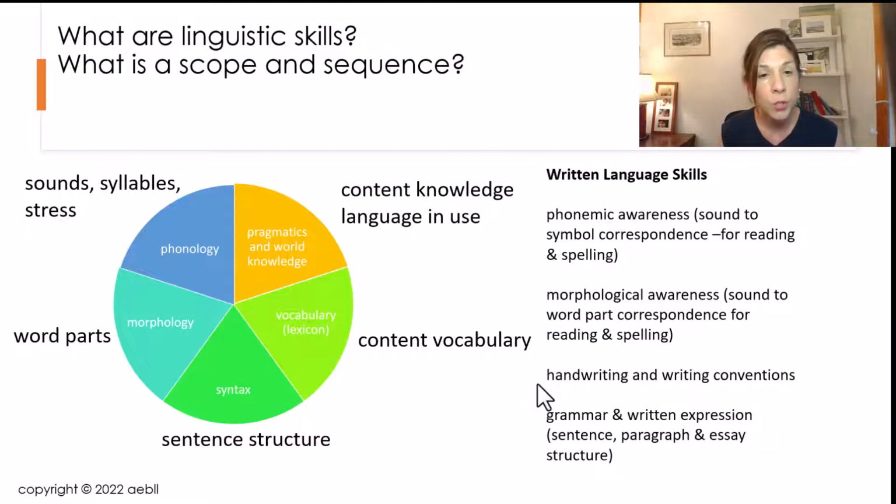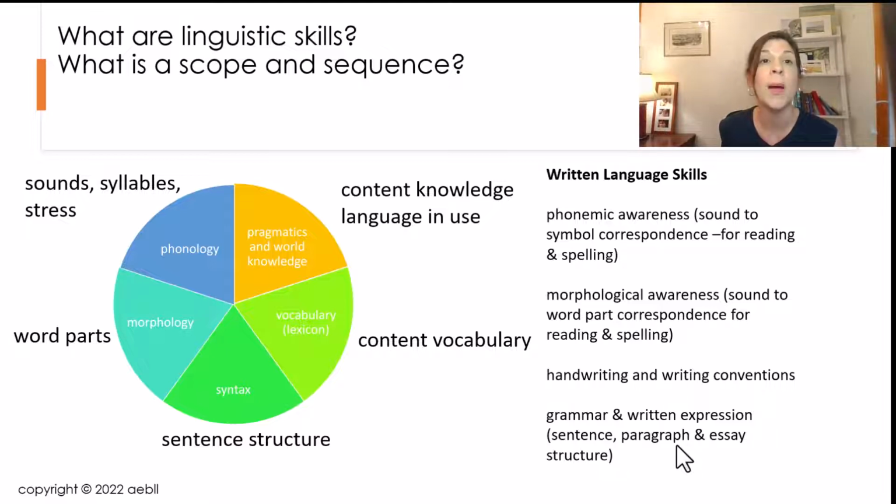Our students also need to practice grammar and written expression. So sentence structure, how to take two independent sentences and put them together using a conjunction, for example, and paragraph and essay structure. So all of these are skills, linguistic skills, oral and written, that our students need to develop in a sequence over the year.